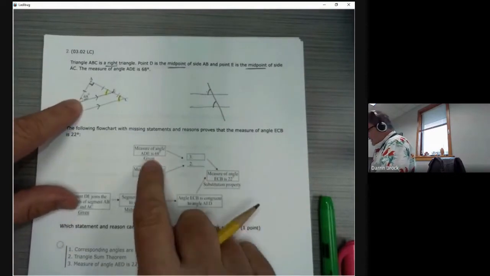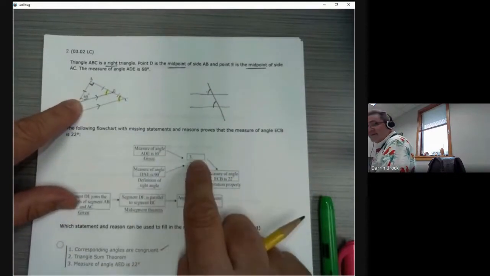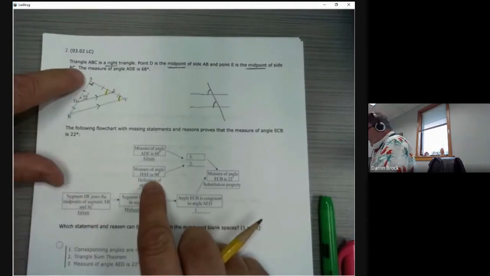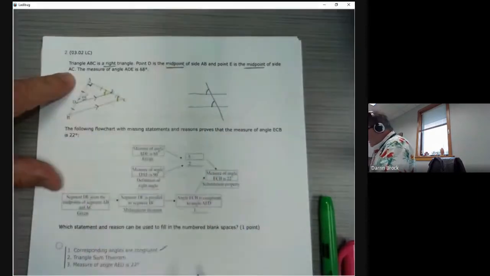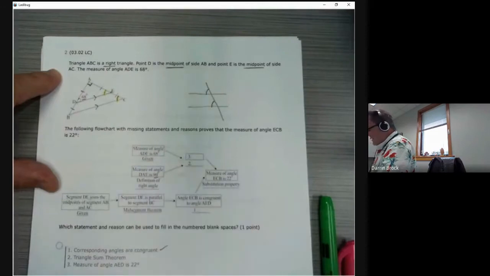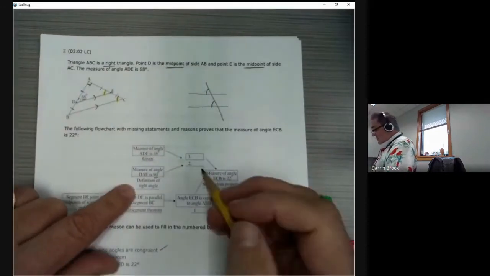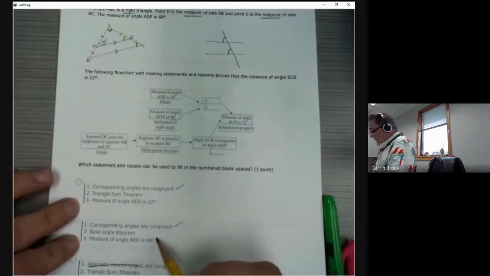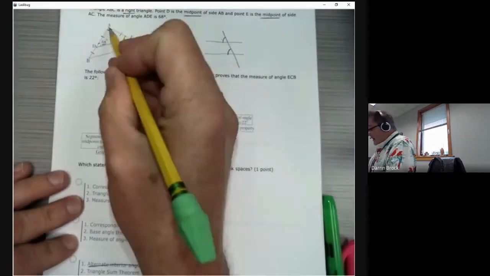So this says the measure of angle ADE is 68 degrees. Yes, it is, given. And this is the measure of angle DAE, that's right up here, is 90 degrees because it told us it's a right triangle. So since it's a right triangle, we know that it's 90 degrees. All right, so we've got 2 and 3. 3 is talking about the measurement of AED.